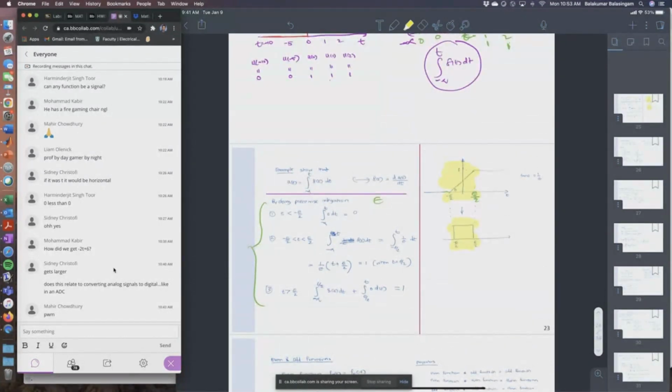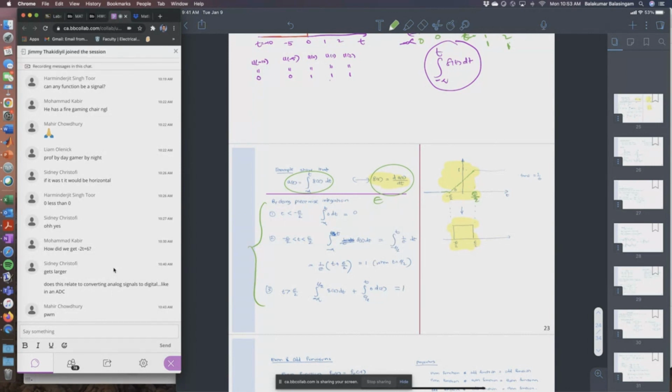Using the same way, you can also explain this. Delta t is du/dt. The most important thing is not this proof, but the fact that u(t) is the integral from minus infinity to t of delta(t) dt, and then you can also write delta(t) as the derivative of u(t), du/dt.